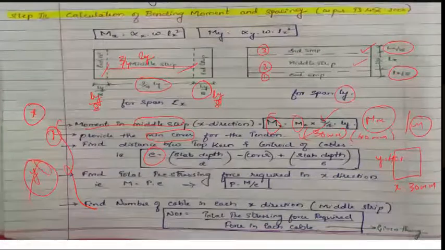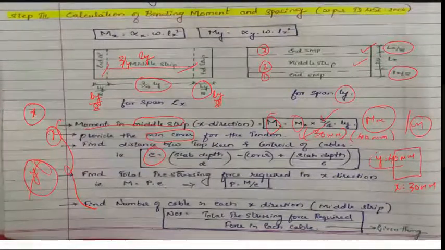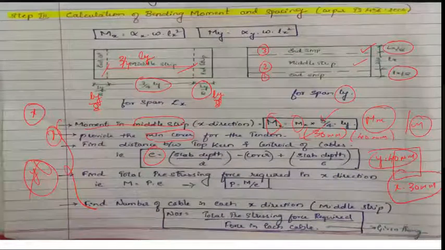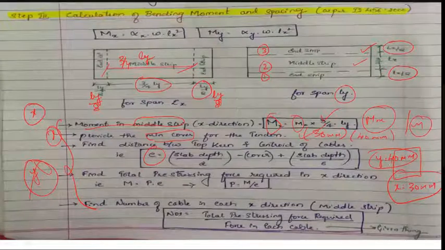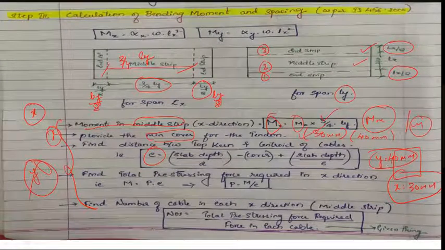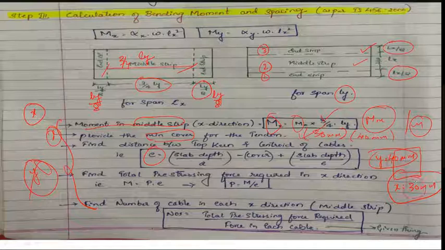The thickness will be the same, but the cover will vary. Either you can keep the cover the same, 30 mm and 30 mm, or 30 mm and 40 mm, left to you.